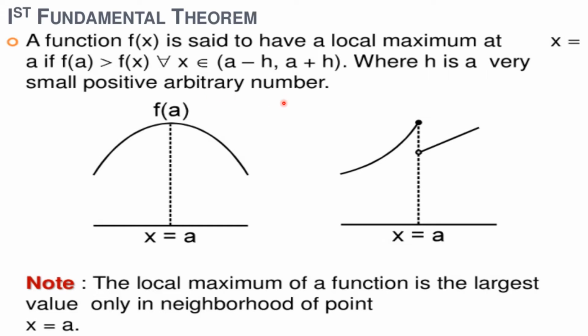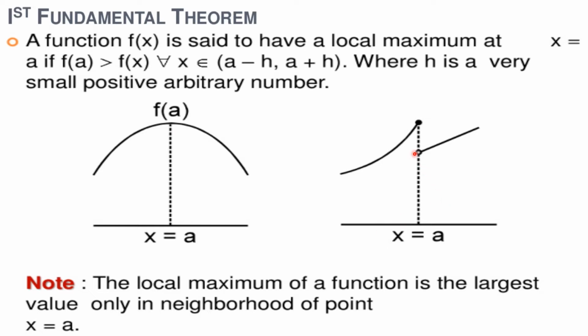Okay, my children, observe these graphs here. At x equal to a, this is a graph of the function f of x. This is also a graph of another function f of x. At x equal to a, see here, it has a local maximum in this open interval (a minus h, a plus h). Similarly, observe this graph.